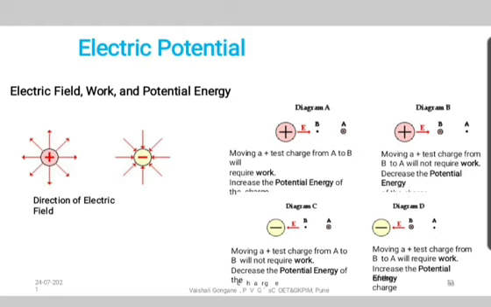Diagram C shows moving a positive test charge from A to B will not require work. There is a decrease in the potential energy. And in diagram D, moving a positive test charge from B to A will require work and increase the potential energy.